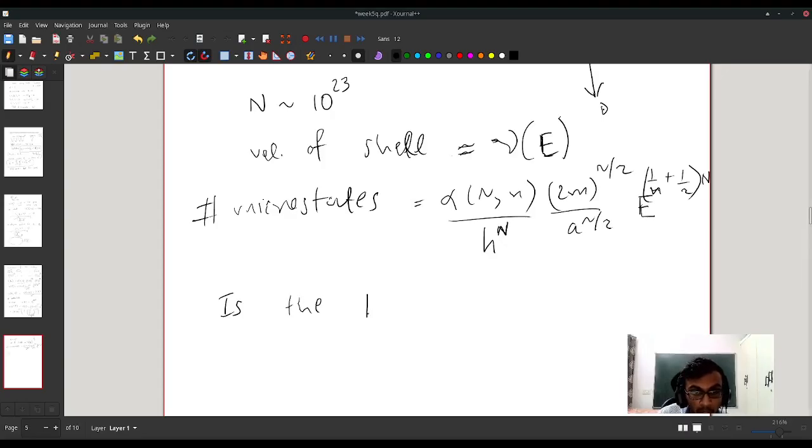Is the knowledge of alpha required to derive the thermodynamic properties we need?